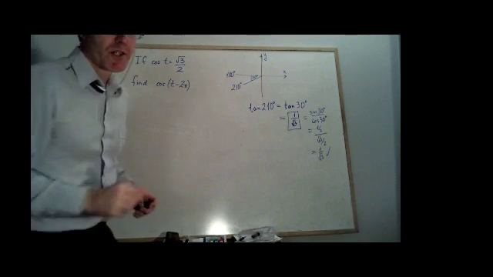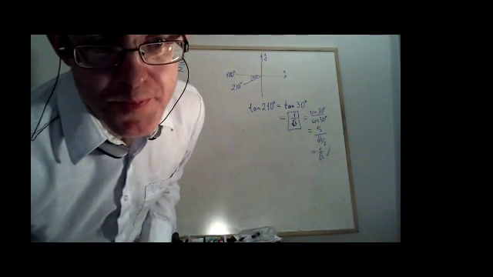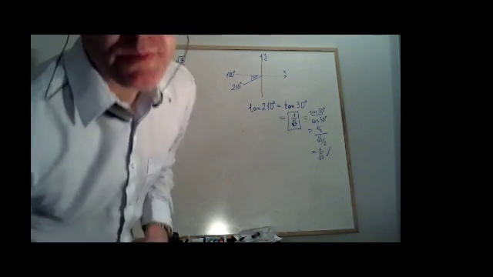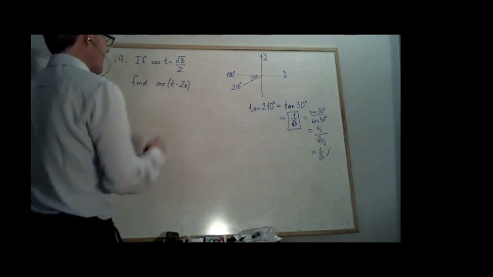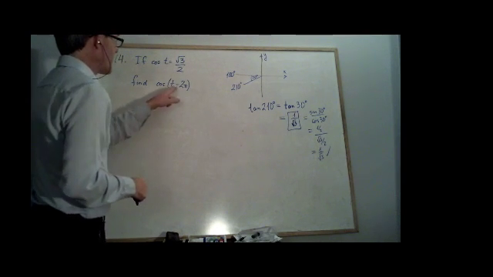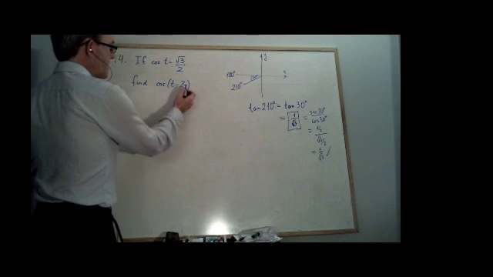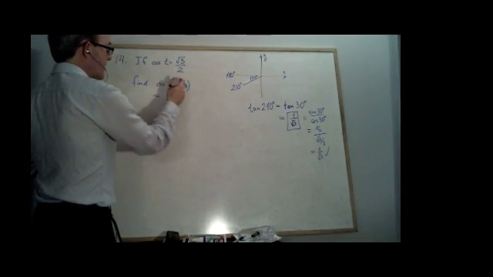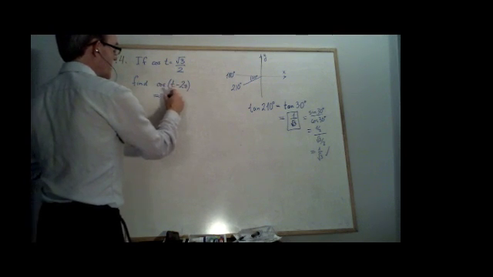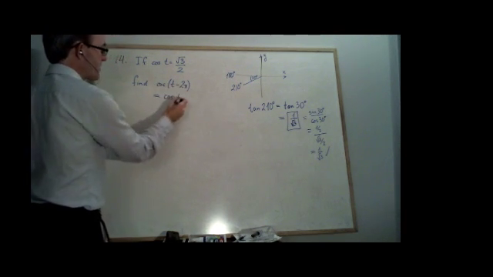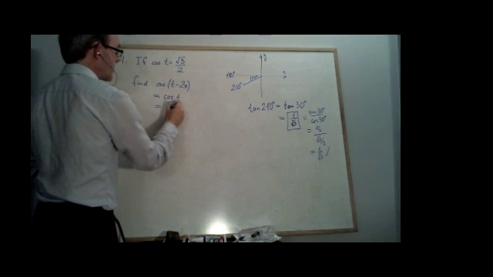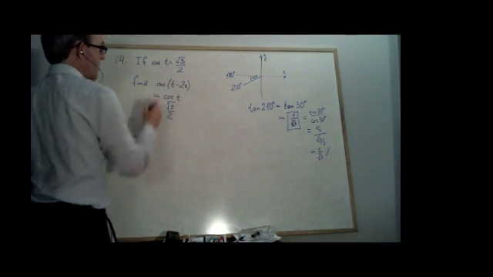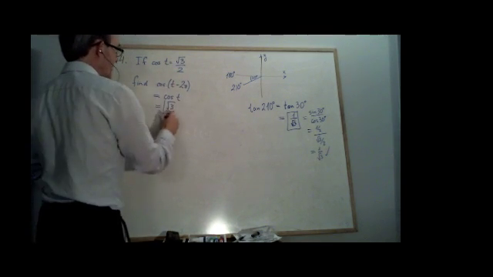Find cosine of t minus 2 pi. And okay, this one is pretty easy. Since cosine of t is a periodic function, if we add or subtract multiples of 2 pi to this, it doesn't change the function, so we can go right back to the original function. So this is just equal to this value of root 3 over 2, and that's all we need to do.